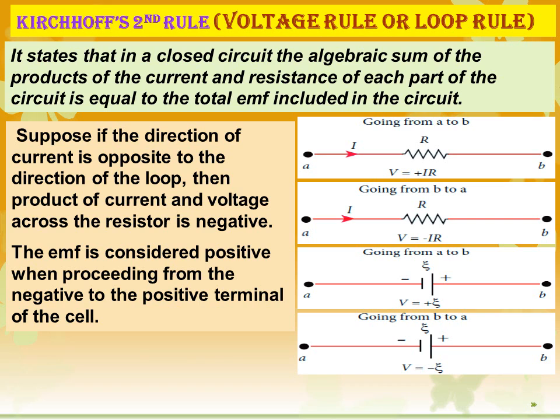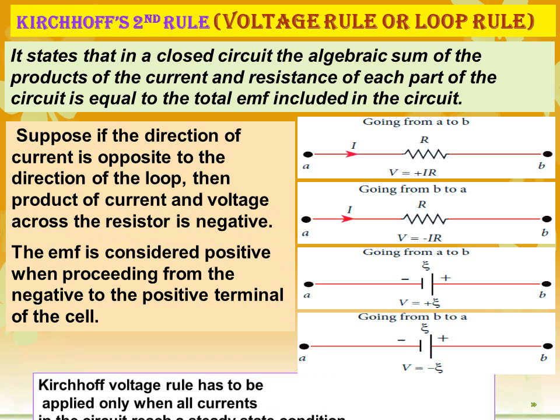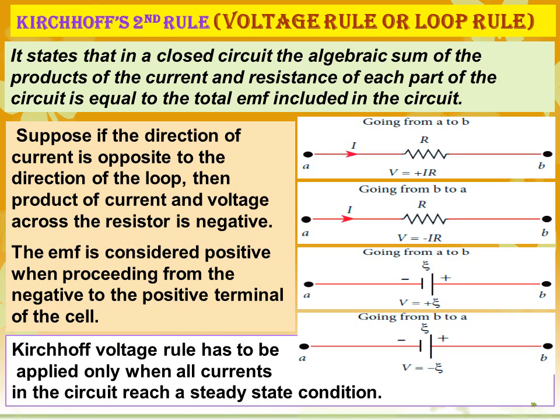They are not equal. Even though we have only 2 rooms, we have to differentiate the current according to the requirement of that room. So Kirchhoff's voltage rule has to be applied only when all the currents in the circuit reach a steady state condition. This is very important.